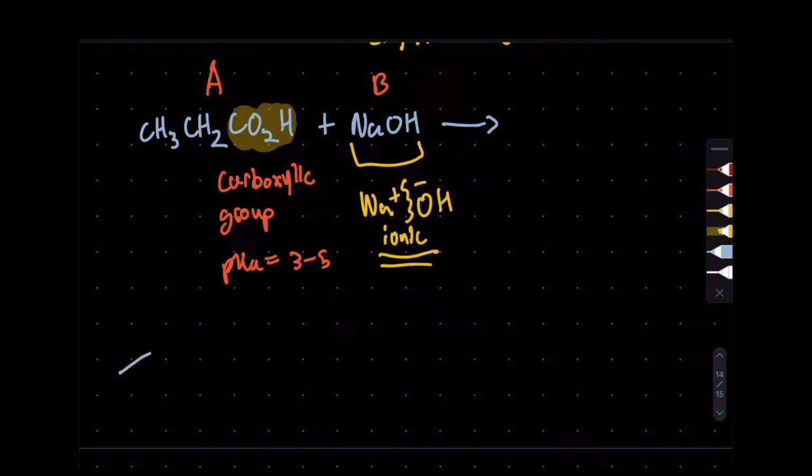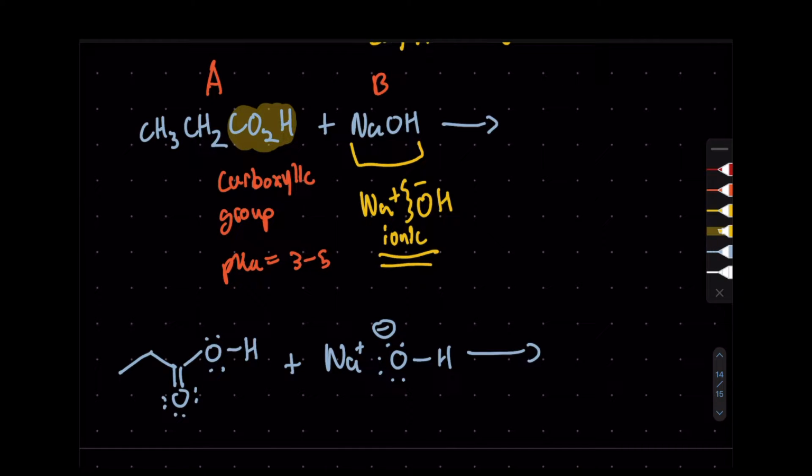So let's first draw out the structure, and that's what I typically like to do. So this will be our CH3, CH2 carboxylic acid plus Na plus, and for the sake of clarity, I'll show all the electrons.